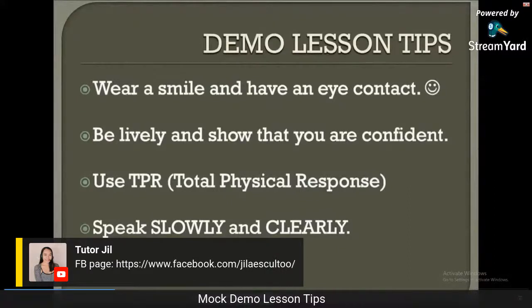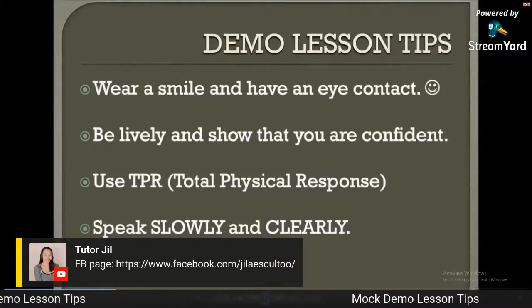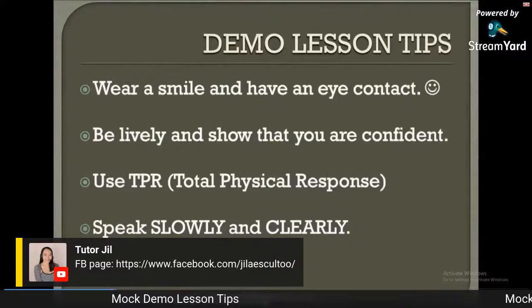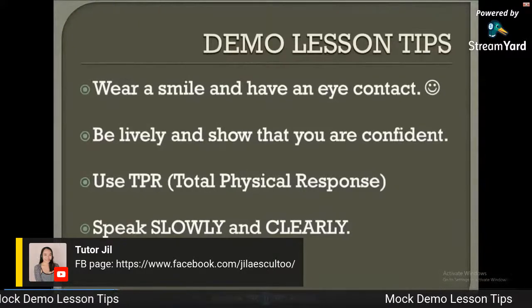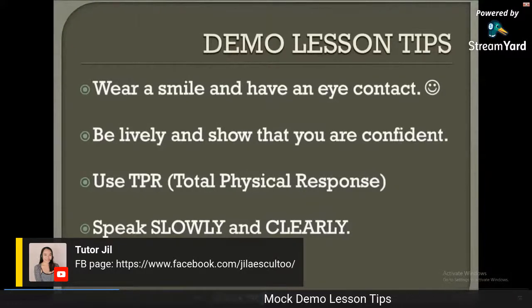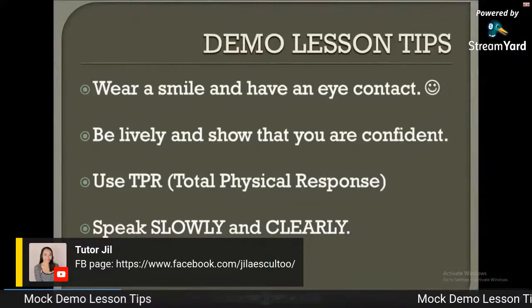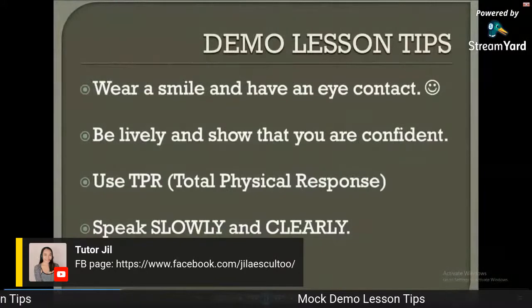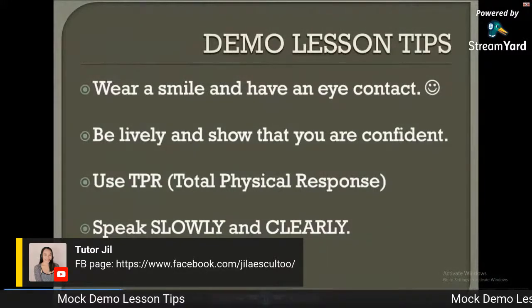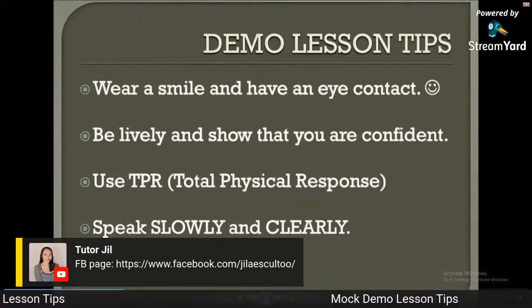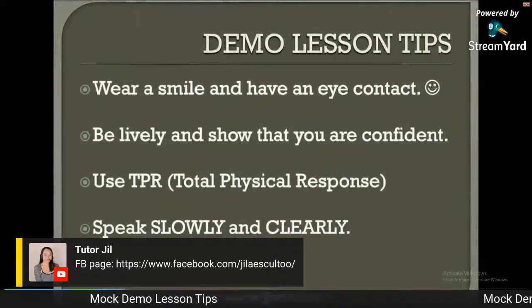If your student is a kid, then you should of course speak slowly. Adjust also your level of teaching. But if your student is a high school student, a university student, or an adult, then there's no need to adjust your pacing. Since it's an adult, you can talk normally. But still, check their level, whether they are beginner, intermediate, or advanced.